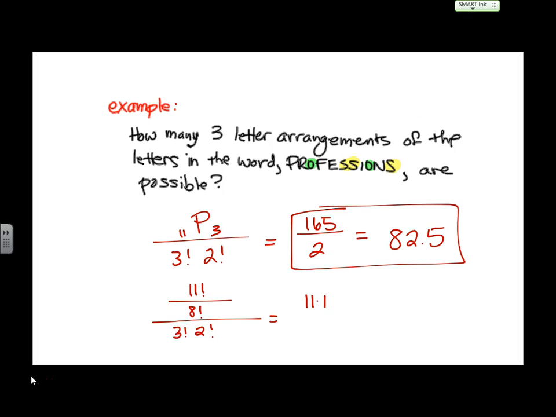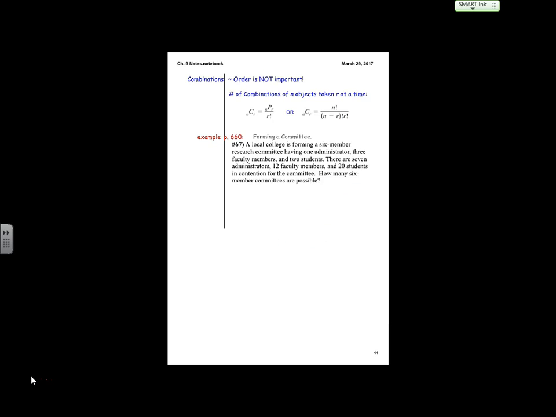You would have 11, 10, 9, all over 3, 2, 1 times 2 times 1, right? And if you notice, they're all odd numbers. Just do 55 times 3. What is that? 165.